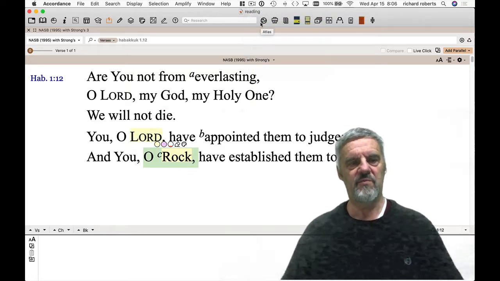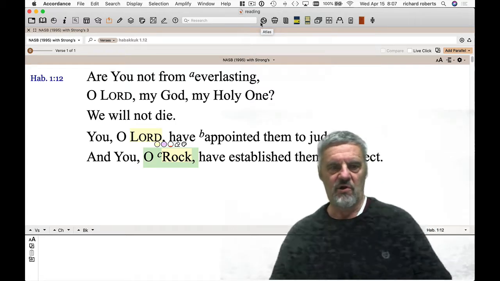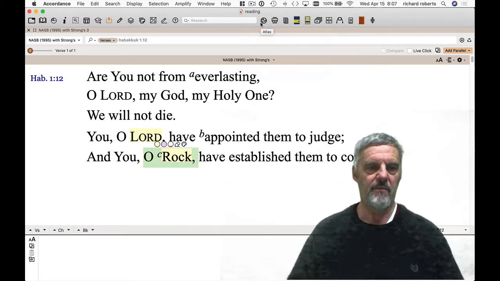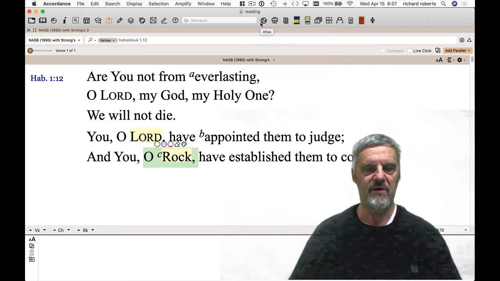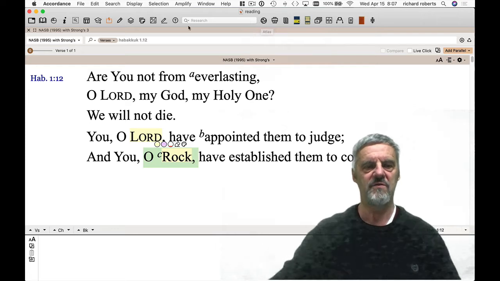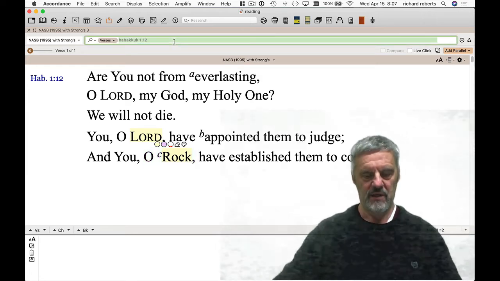Now, when we go to the book of Psalms and look at the actual Psalms where the rock is used as a metaphor for the Lord, I think you'll be able to see very clearly the connection between the rock as a place of refuge and the Lord as a refuge for the psalmist. So let's begin.